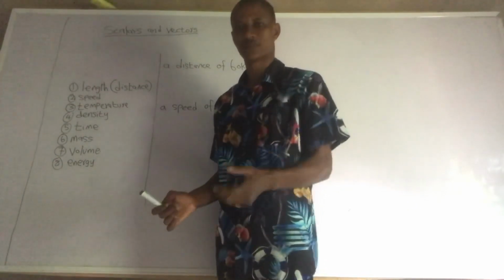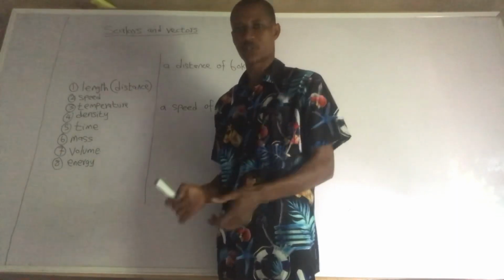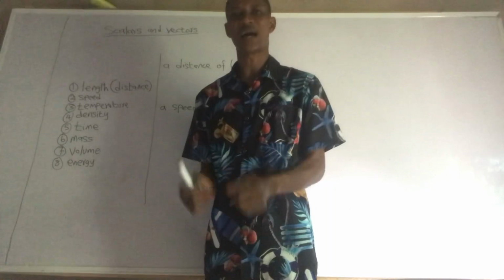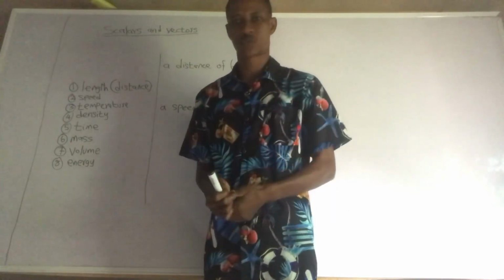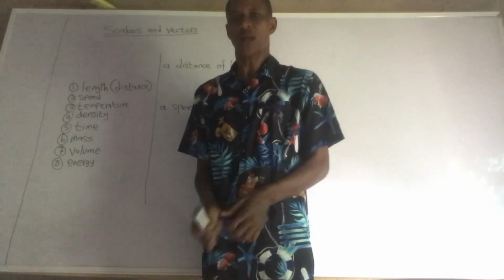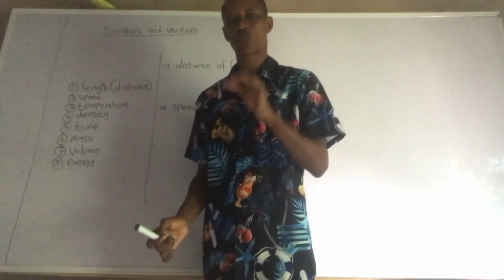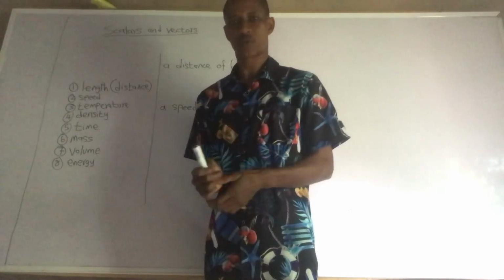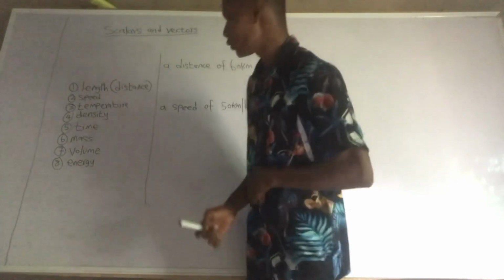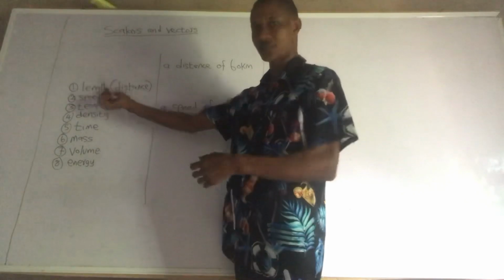Now, what then are scalar quantities? Scalar quantities are quantities that have only magnitude but no direction. Now, we use 3 examples of scalar quantities to buttress my point on what scalar quantities are. The first example I will use is distance, which is called length.